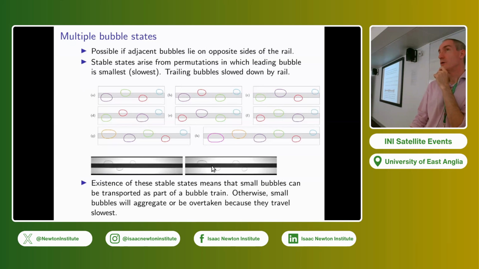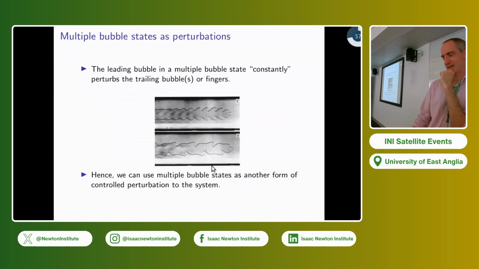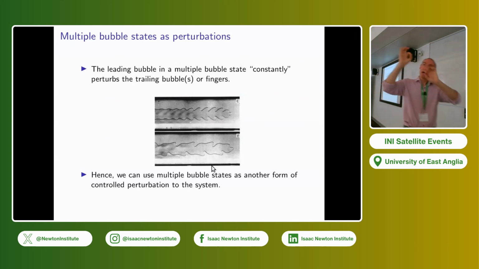So we come to my final point. One of the interesting things about putting these multiple bubble states is, and this is what Couder did, that the leading bubble you can think of as effectively applying a constant perturbation to the bubble behind. Right? It's always there doing something to that bubble behind.